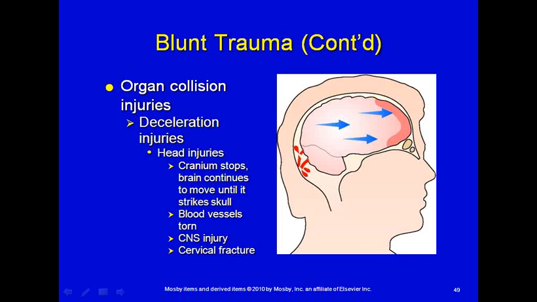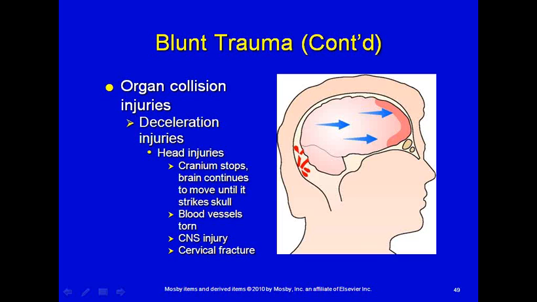Deceleration injuries, you can end up with what's called a coup contrecoup injury, where during a rapid deceleration, remember, if you're in that vehicle going 65 miles an hour, you're going 65 miles an hour and your brain's going 65 miles an hour. If the vehicle stops suddenly, you're still going 65 and your brain's still going 65.